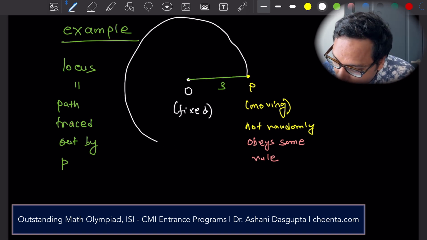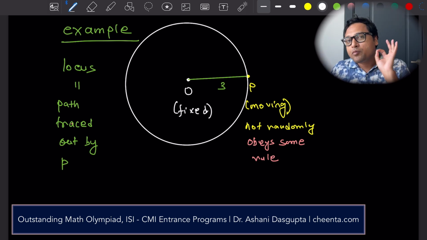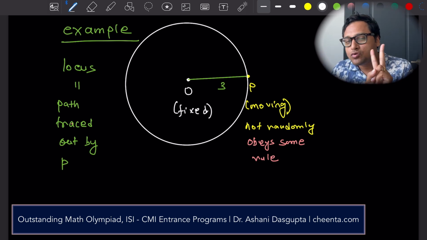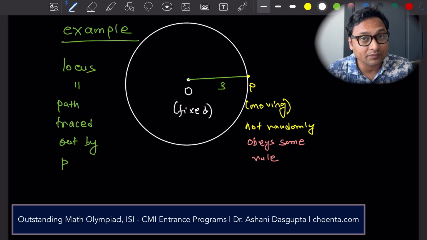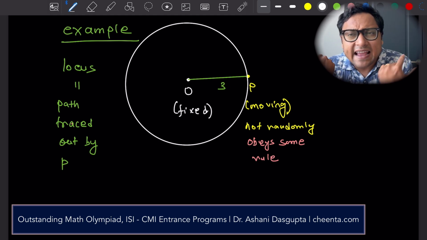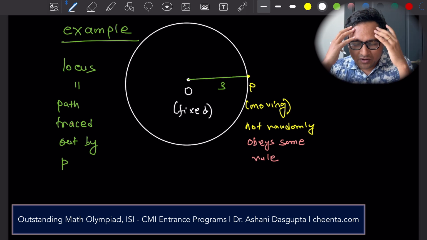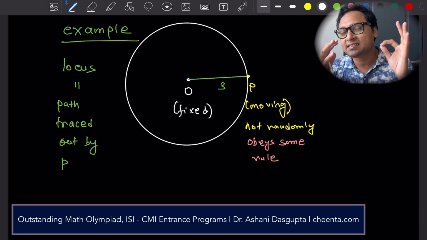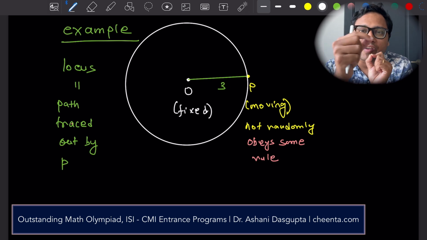This is a very common way of defining a circle, but I will point out two different viewpoints at looking at the circle. The first viewpoint is the one that I just explained. It's a dynamic viewpoint. You actually imagine in your mind this circle being produced as the point P is moving.